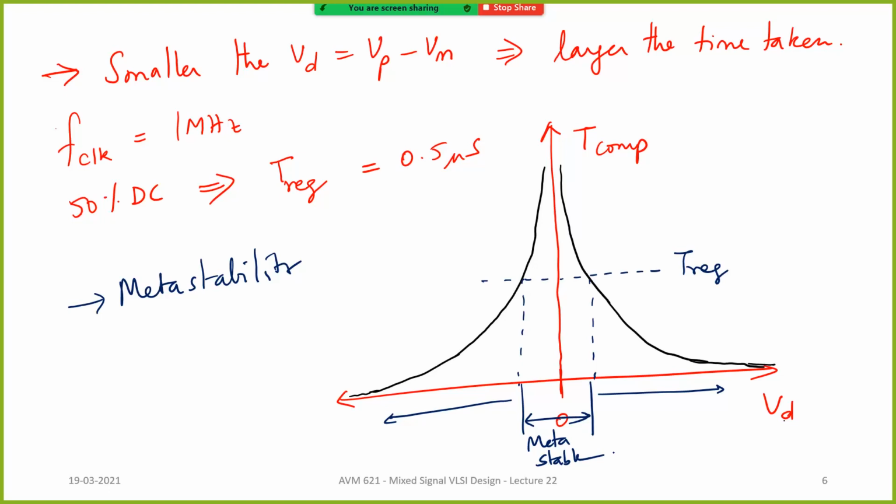Now, instead of saying 1.2 volt, in digital systems you say VIH and VIL. What is VIH for an inverter? It is the minimum voltage that is considered to be a logic high. If you say a 1.2 volt system or a 3.3 volt system, what is considered logic high need not be exactly equal to 1.2 volt.